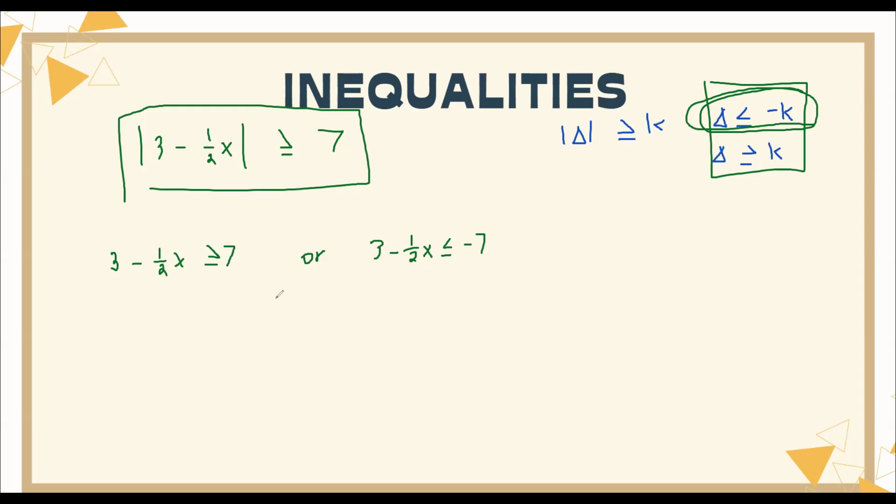We have to solve for these separately. So for this one, we have to isolate x. First thing we need to do is tanggalin muna natin yung fraction para mas madali. So multiply everything by 2. You will get 6 minus x is greater than or equal to 14. Clear so far? Opo. So same thing here. Of course, pag minultiply mo to ng 2, since pareho lang naman sila, you will have 6 minus x is less than or equal to negative 14.